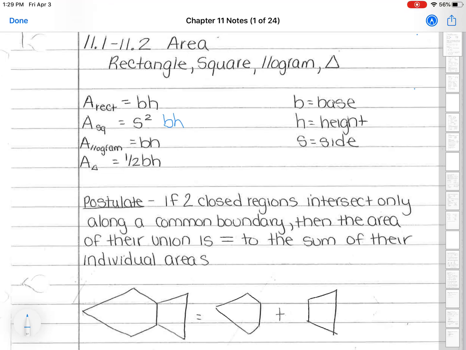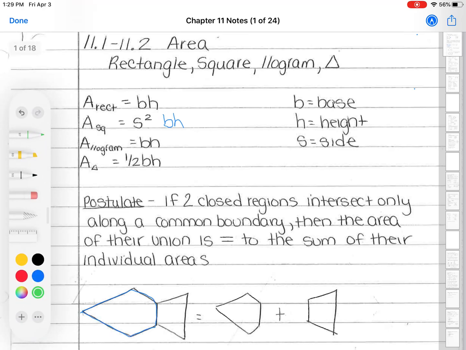Area of a parallelogram is also base times height. Another reason why I'm lumping the 3 of them together, and the triangle is 1/2 base times height. So there are certain questions that you're going to get where you have more than one figure sealed together, making a more solid shape with multiple figures put together. And so the idea is you basically want to break it apart, but the total area is the sum of all the individual pieces put together.